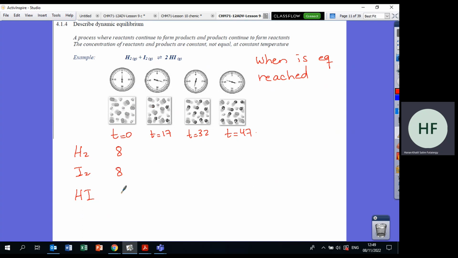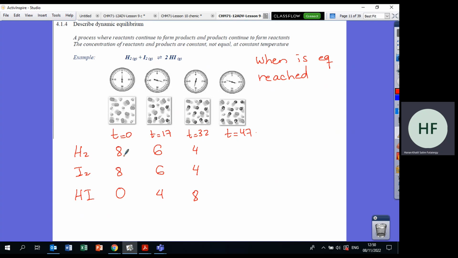Here we don't have HI because the reaction just now started. Now let's see the whites: 1, 2, 3, 4, 5, 6. The grays: 1, 2, 3, 4, 5, 6. And this is 4. Okay, now let's see this one: 1, 2, 3, 4. 1, 2, 3, 4. And this one is 8.